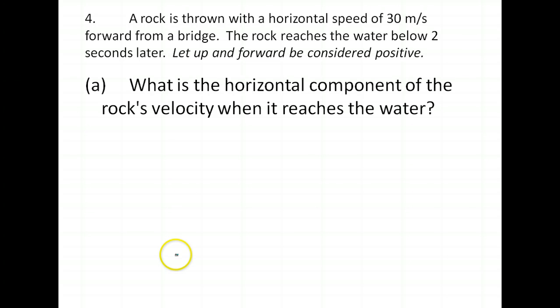So if we draw a picture on this one, we have our little bridge, we have our water below, we throw the rock, and it's going to hit the water in 2 seconds, and it was thrown at a horizontal speed of 30 meters per second.